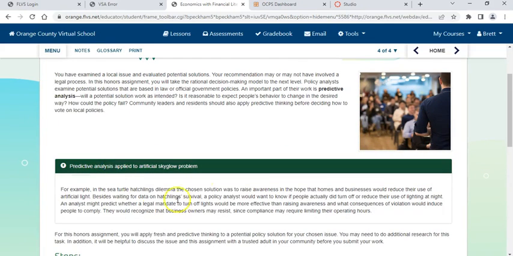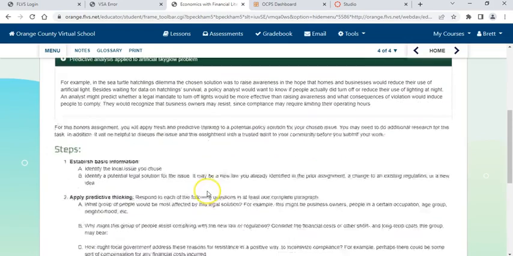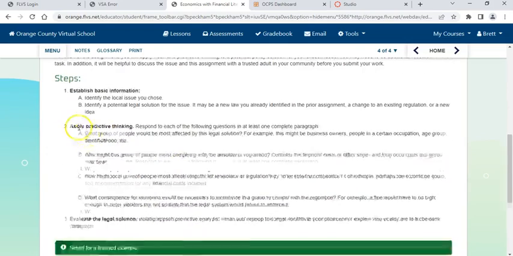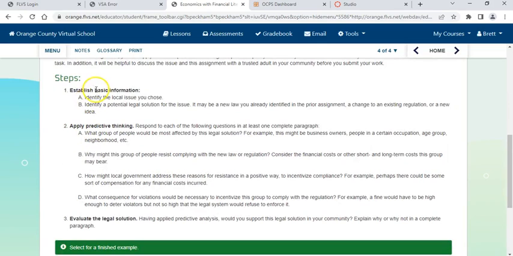So what is our dilemma, and then if we have a solution, what are some of the impacts of that solution? So your steps are, you're going to identify that issue, what are some of the potential legal solutions for it, and then in step 2, who's going to be affected, why might people resist this?